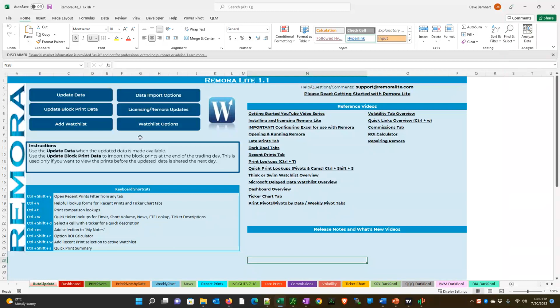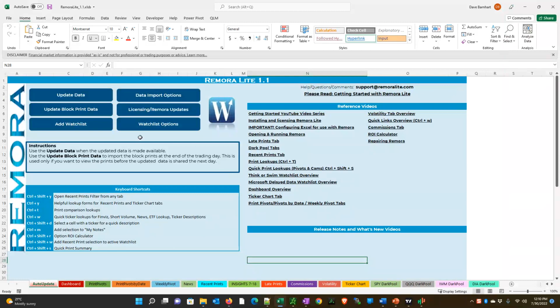So it requires a Windows machine. If you have a Macintosh, there is something that you can do. There's a virtual machine called Parallels where you could just run an instance of Windows as well and then use it. So Remora will eventually, future planning, be available on the web.